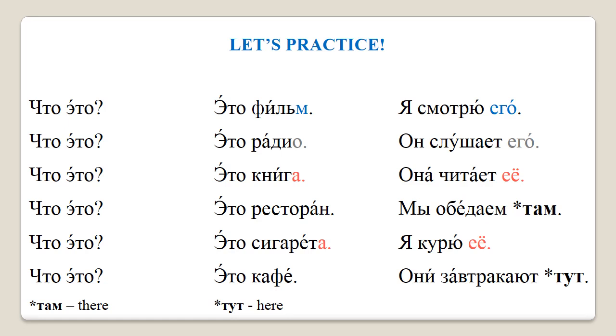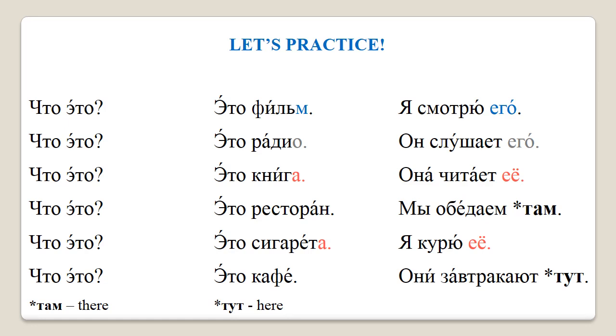Что это? Это радио. Он слушает его. What is it? It's a radio. He's listening to it. Что это? Это книга. Она читает ее. What is it? It's a book. She is reading it.